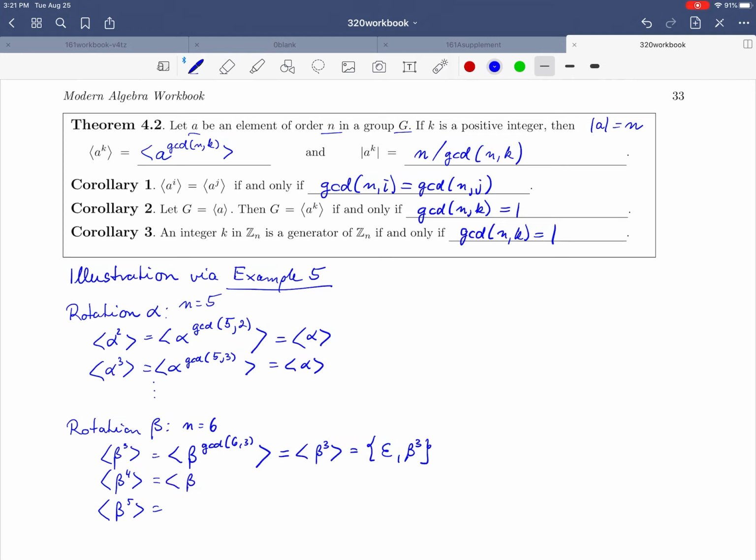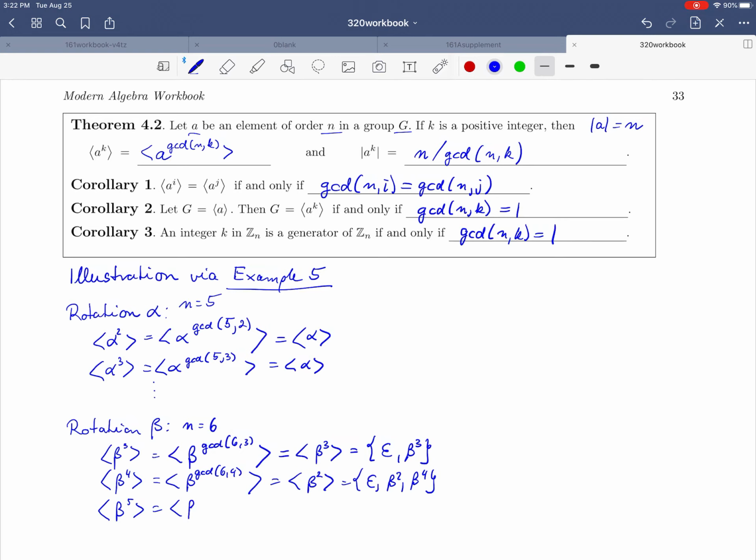With beta to the fourth, let's see what we find. The greatest common divisor between 6 and 4 is 2. So we're getting the same subgroup as the one generated by beta squared, and that was the identity, beta squared and beta to the fourth. You can go back to the example and see that those two subgroups were indeed the same.